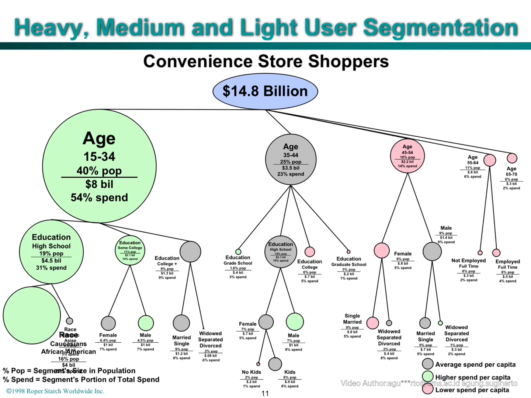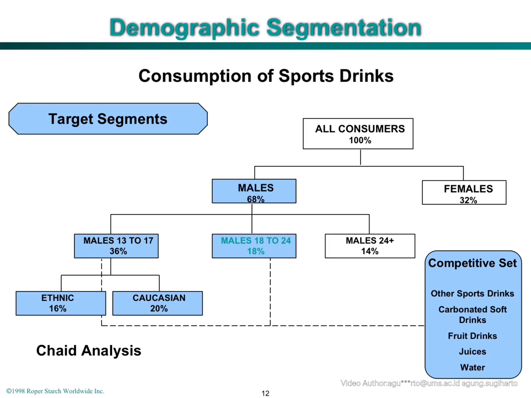Okay, this is another example, but this is very difficult to identify. Okay, we skip this. Okay, this consumer of sport drink, they divide by female and male, and then by age.